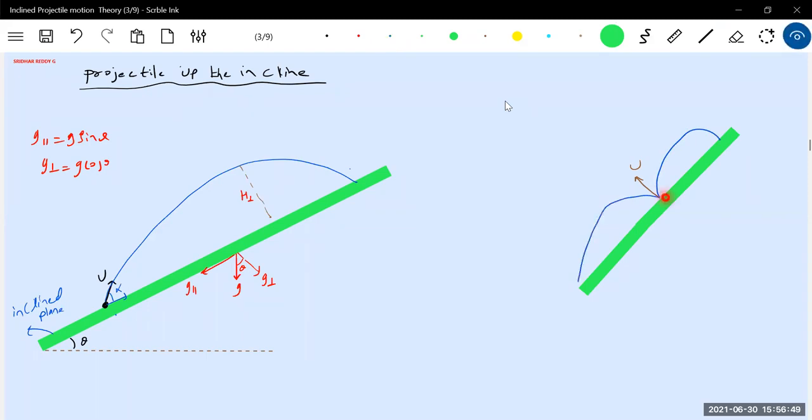Which one shall we use, one or two? Definitely two. Sir, how come?